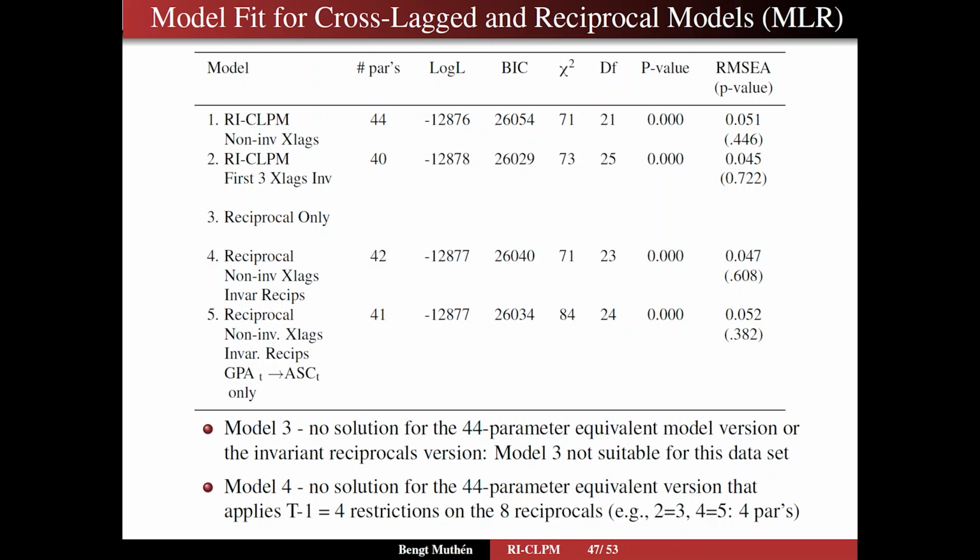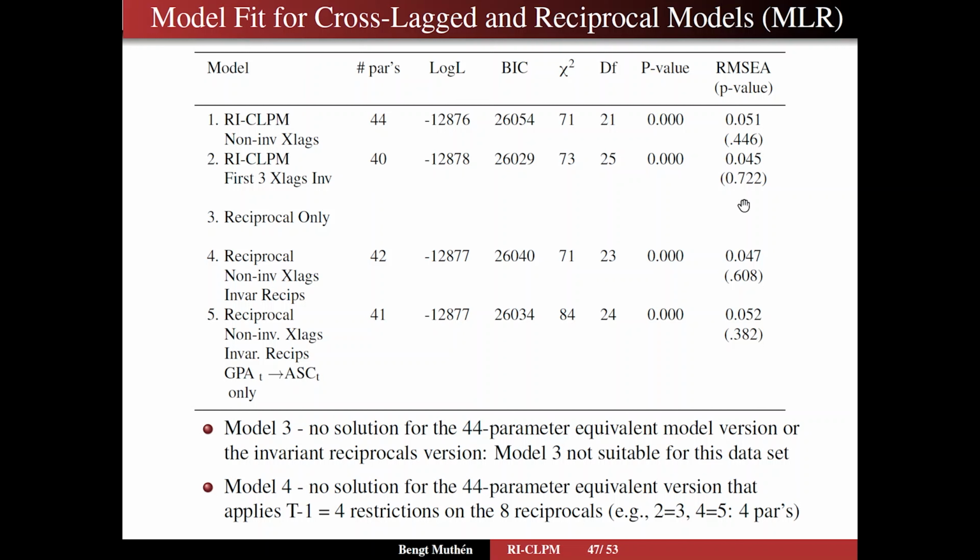And that model then has, instead of having 8 cross-lagged effects, 4 times 2 cross-lagged effects per interval, only 4. 2 for the first set and 2 for that last time interval between 4 and 5. So 8 versus 4 is a difference of 4, and that's a difference in number of parameters here.